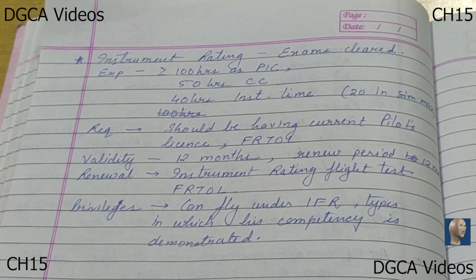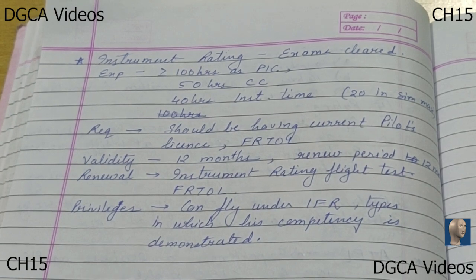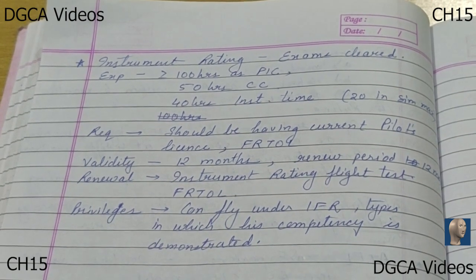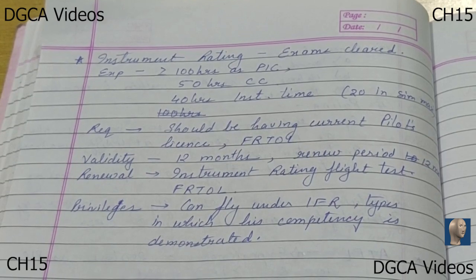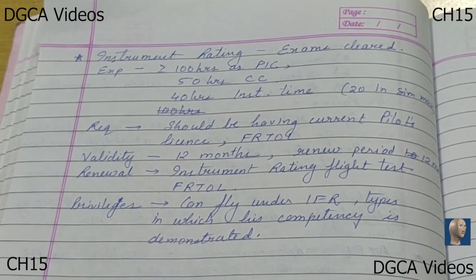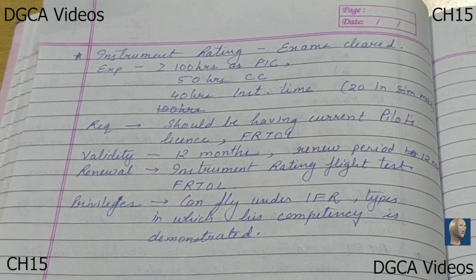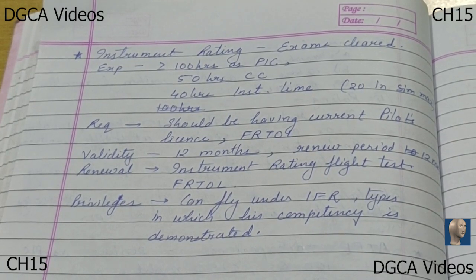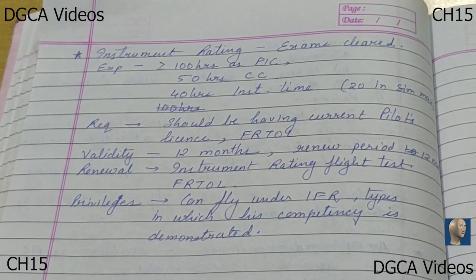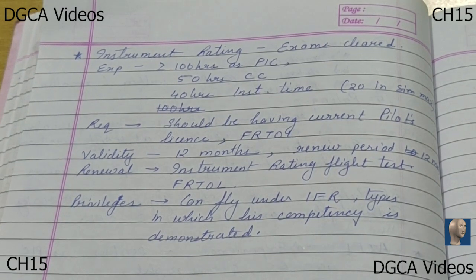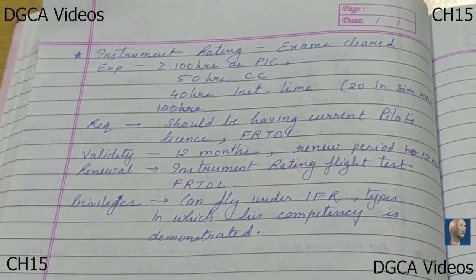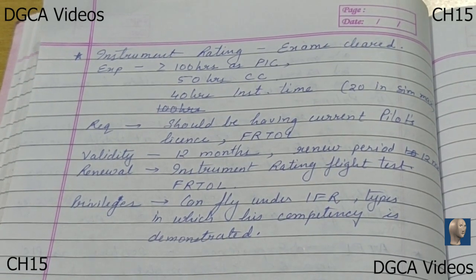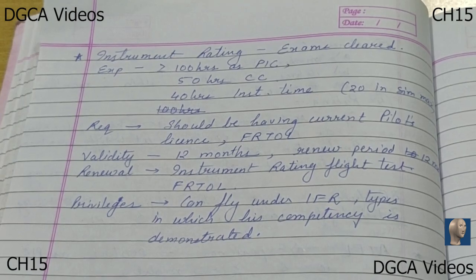And then again, practical interpretation tests of oral and visual signals, all those things are included. Prerequisites. Then experience here, it counts 100 hours at least as pilot in command, 50 hours of cross country flight, 40 hours of instrument time, with at max 20 hours on the ground, that means simulator.